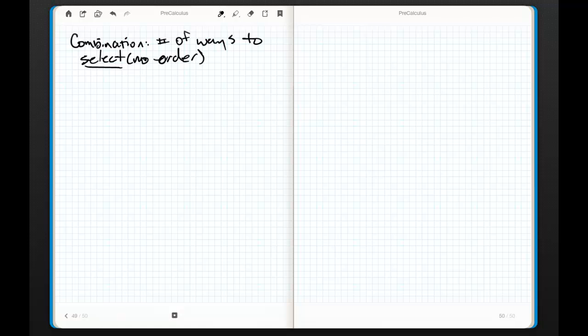There's no order implied in this. So all we're doing is grabbing them. Select r things from a total of n.